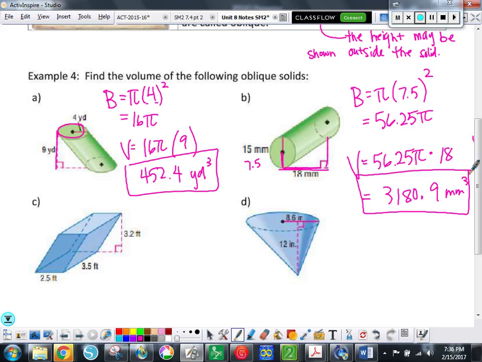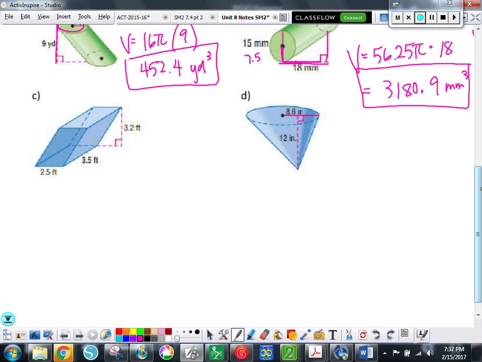All right, part C. This is a rectangular prism. So again, because it's a prism, you do not need the 1/3. The base area is 2.5 times 3.5, which is 8.75.